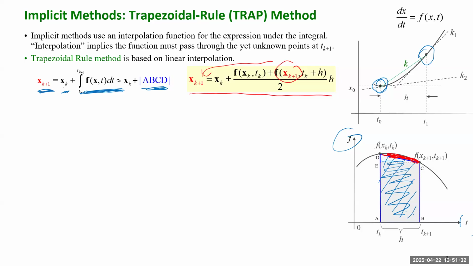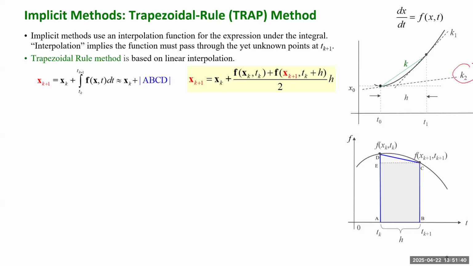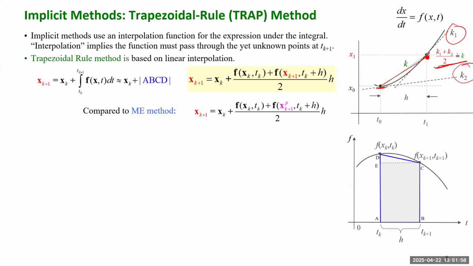So if you visualize that process on that figure, you have one line calculated at the starting point, and another slope at the ending point, and you calculate the average, which will give you a good estimate of the true slope. Compared to the modified Euler method, instead of using the state value calculated from the forward Euler, you are going to use the true value.